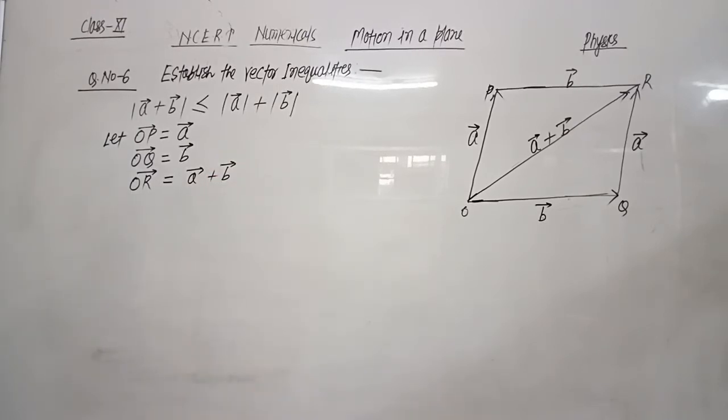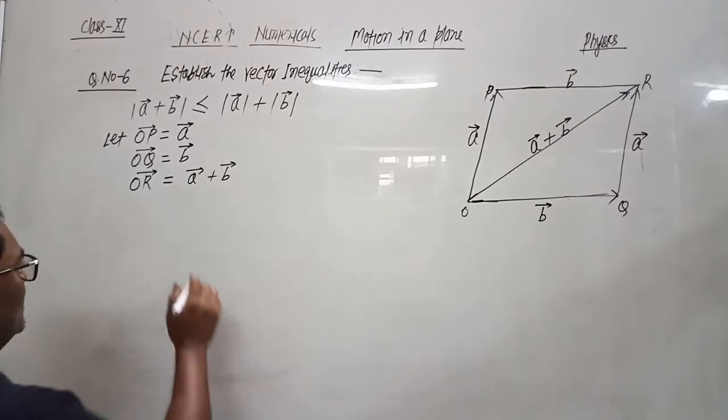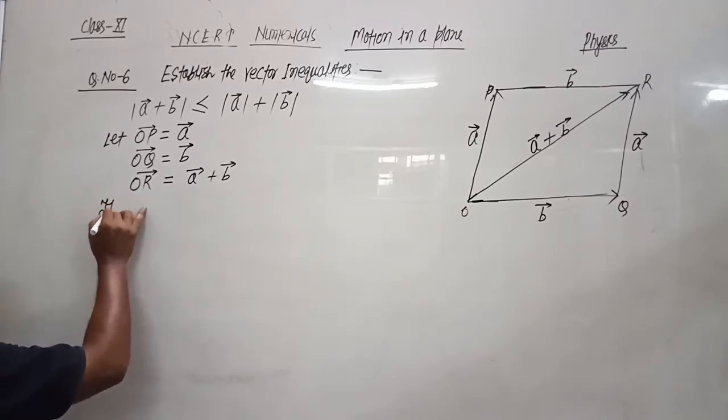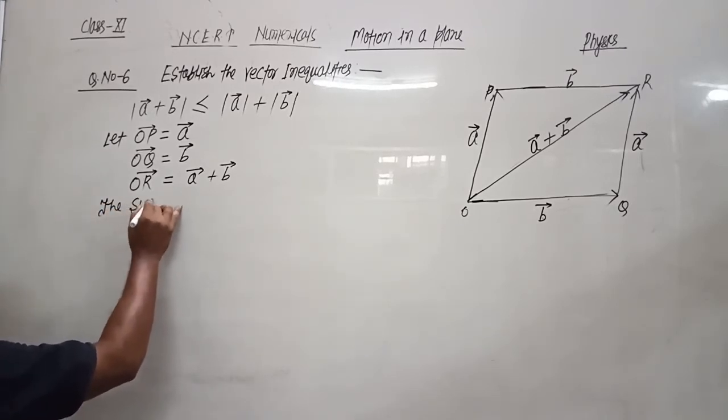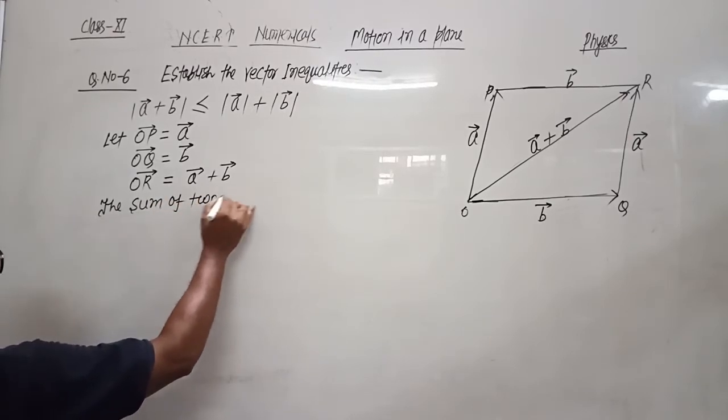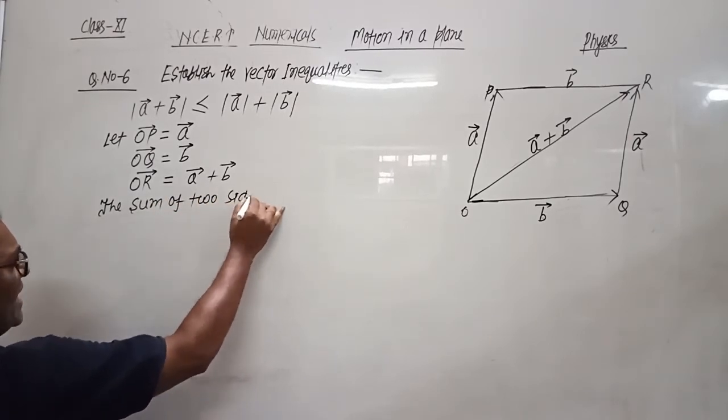Then we know geometrically that the sum of two sides of a triangle is greater than its third side.